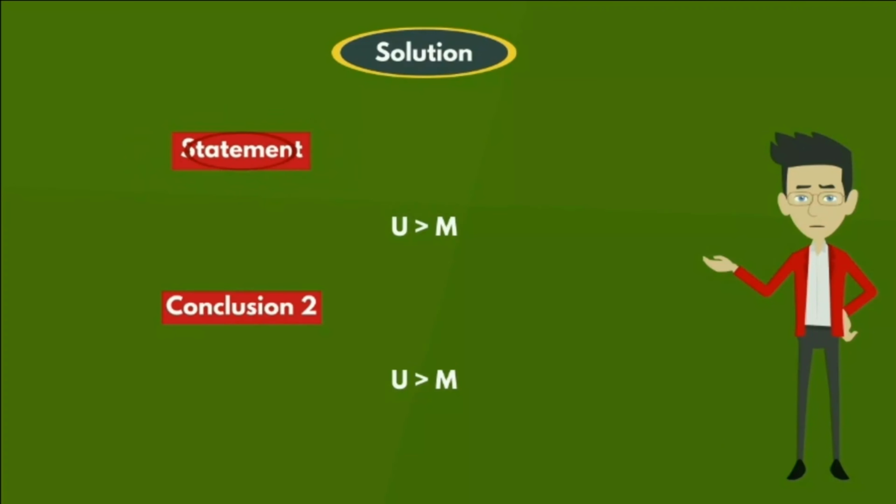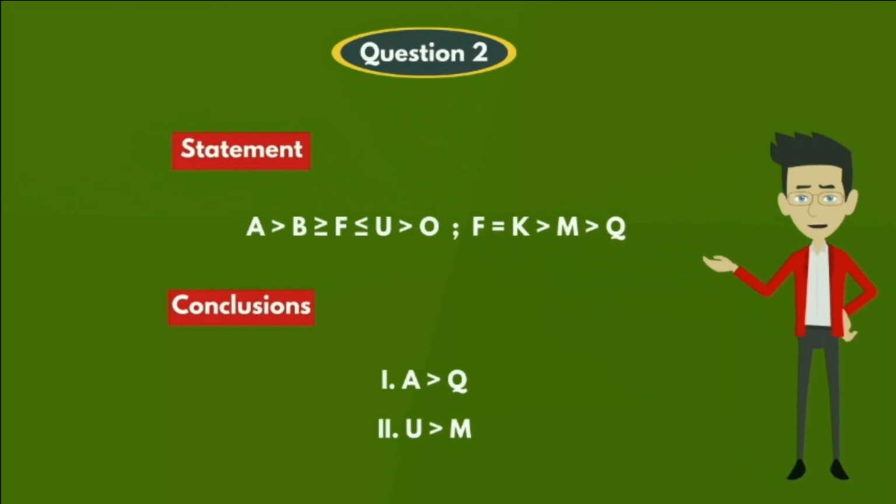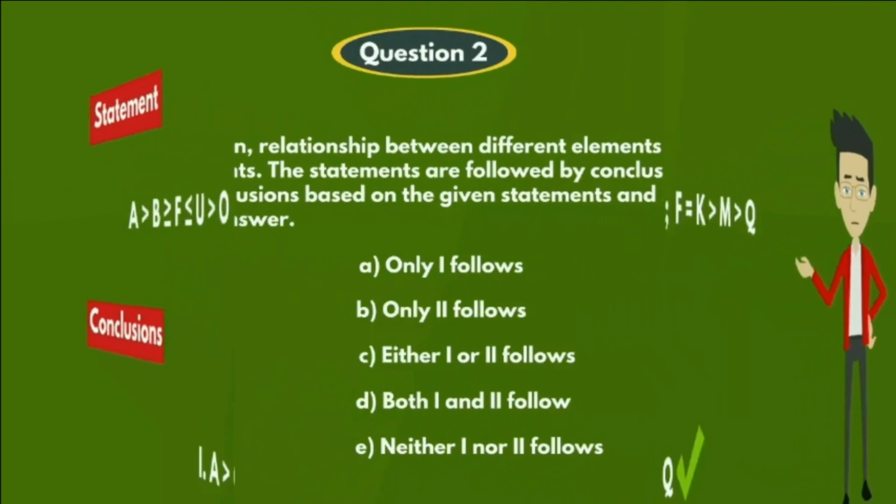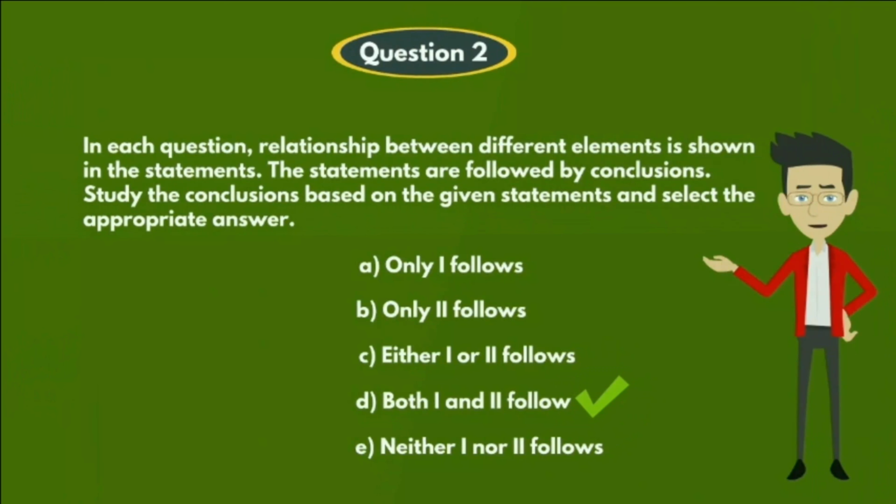So here we can write U greater than M. So conclusion 2 is true. So here conclusion 1 and conclusion 2 are true. So the answer is option D. Both 1 and 2 follow.